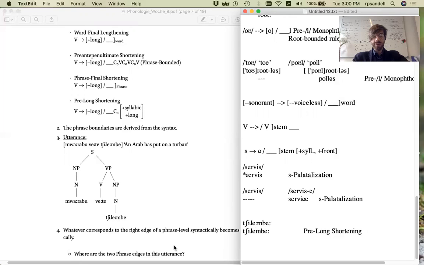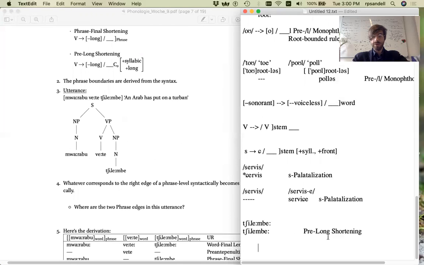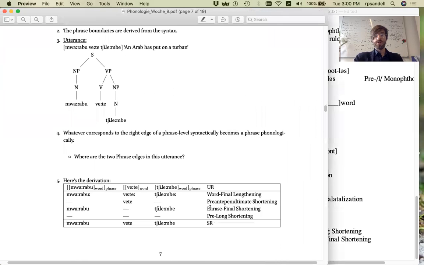And then subsequently, when phrase final shortening applies, this A would apply. So in the order phrase final shortening followed by pre-long shortening, phrase final shortening is able to bleed pre-long shortening by removing the environment that is necessary for the application of pre-long shortening.